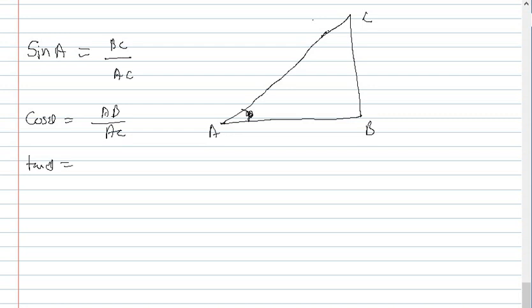Tan theta, what it was, P by B, that is BC upon AB. Also write the other three identities, that is the reciprocal of sin, cosec theta. Cosec theta is equal to AC upon BC. Sec theta, no, we don't need to write the theta. Okay, sorry.